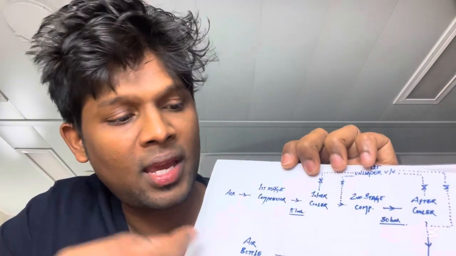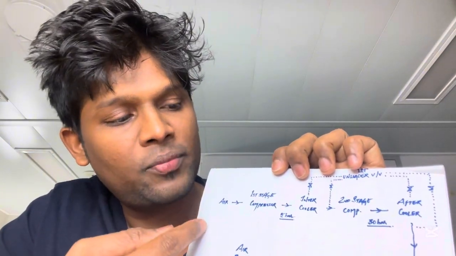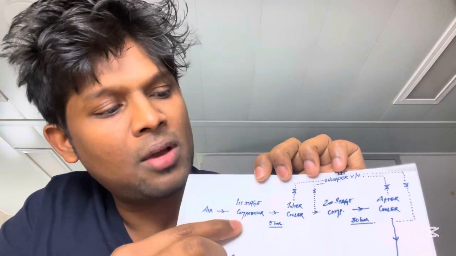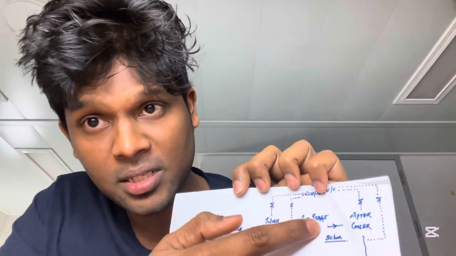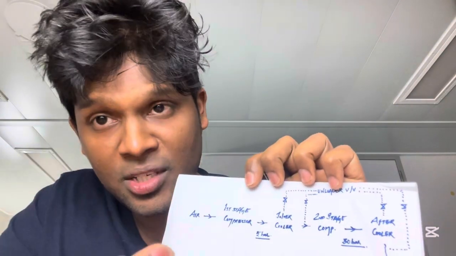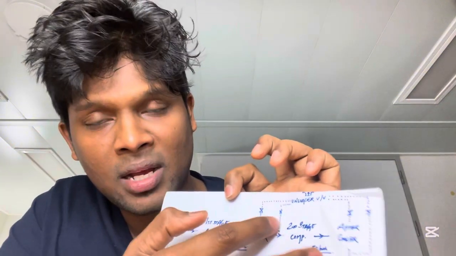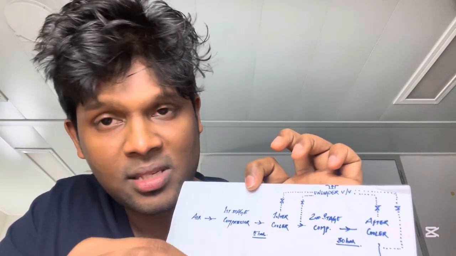So the air from the compressor to the bottle passes through 4 things: first stage compressor, cooler, second stage compressor, cooler. But at the initial time of starting, there is one more element, the 5th element, that is the unloader valve, to avoid the resistance. Why?